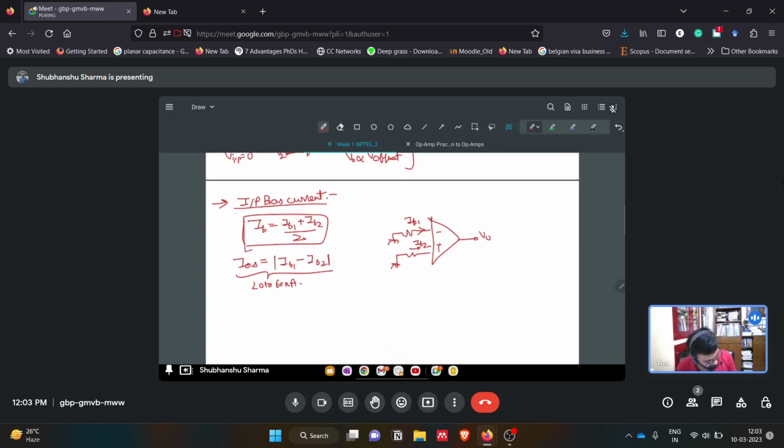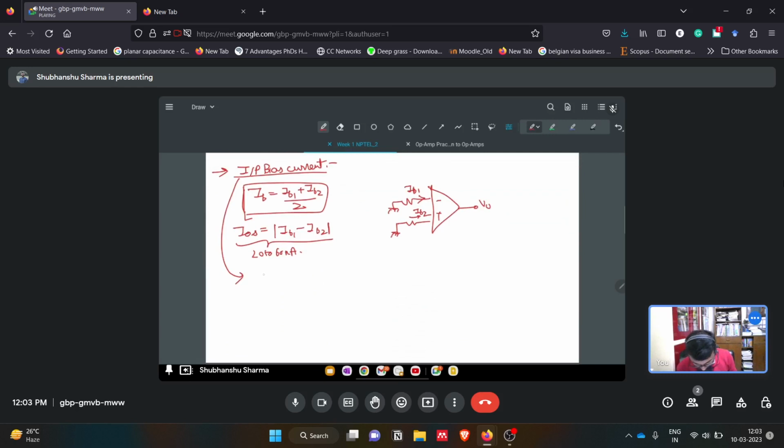If we talk about the definition of this input bias current, if we are applying equal DC currents to the two inputs of the op amp, then the output voltage must be zero.